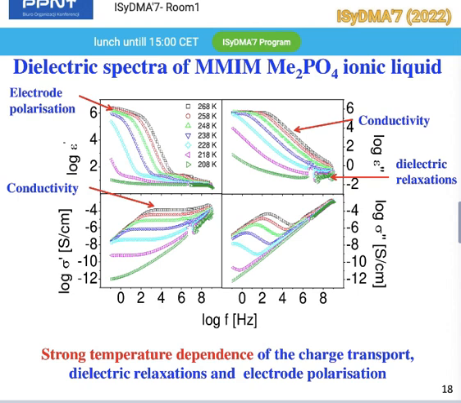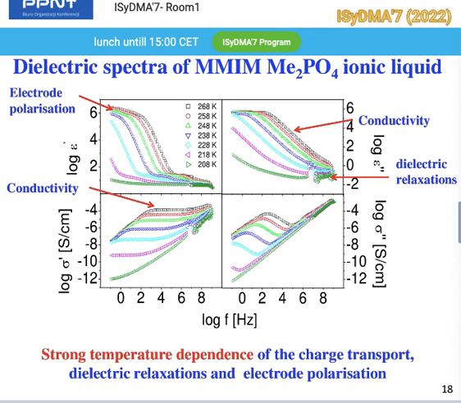If you transfer the identical data into sigma double prime, then we observe here charts which have this characteristic. And if one is interested in electrode polarization, which plays an important role nowadays for low weight supercapacitors, then this spectral range and this representation is of special importance.